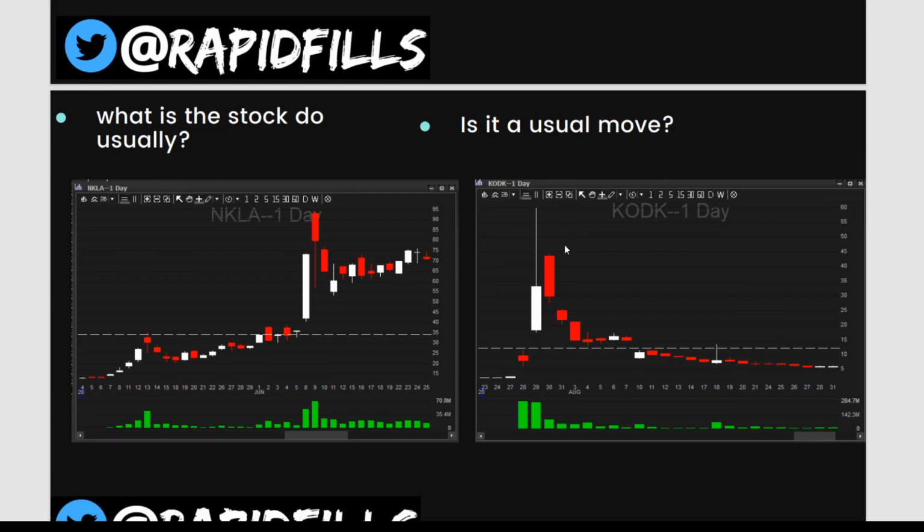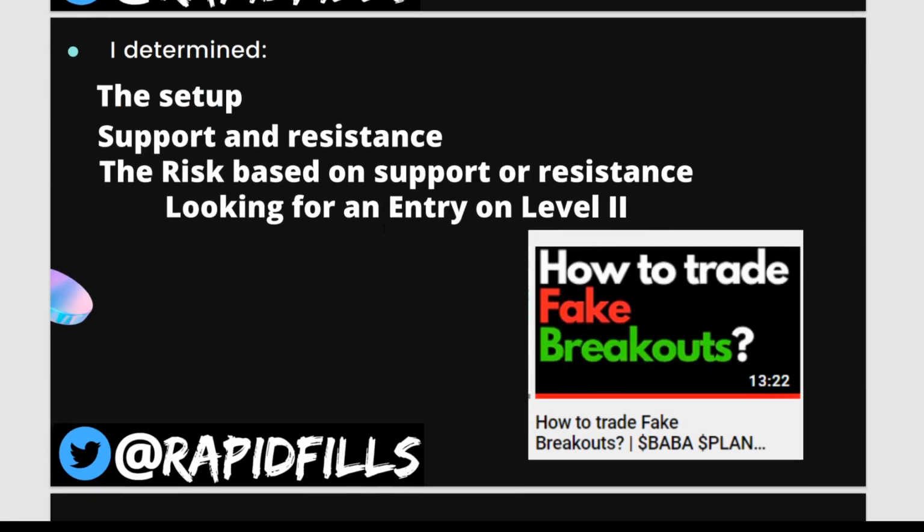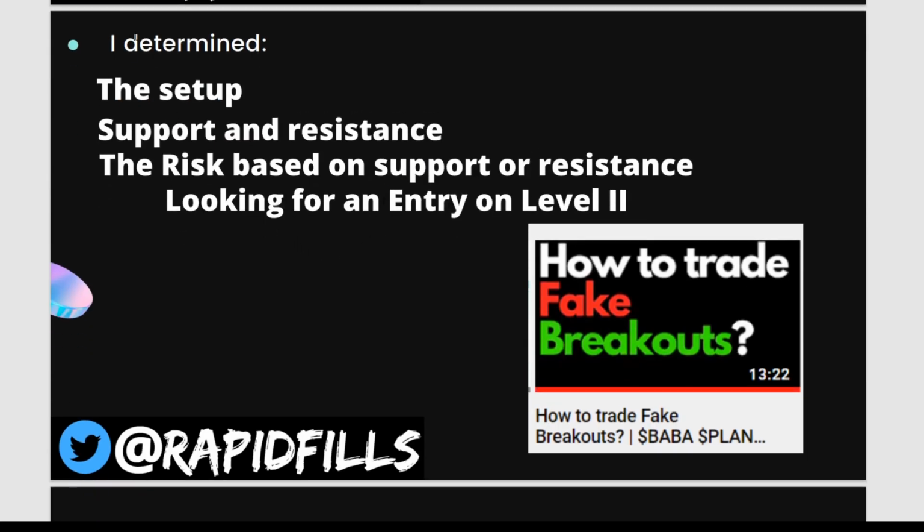So let's move on. Next one. What I determine at this point, looking at all these different variables, is the setup. So I know I'm looking at a scalp trade. That means the size has to be way smaller. That means I'm going to give myself 2-3 entries to actually hit the top or roughly close to that.